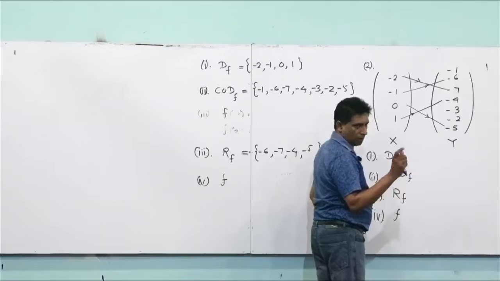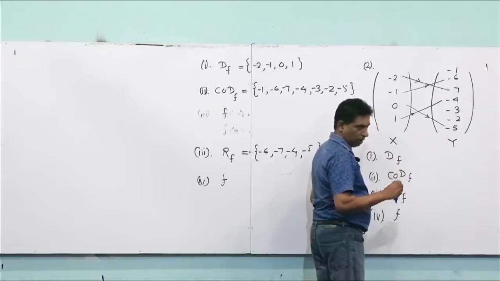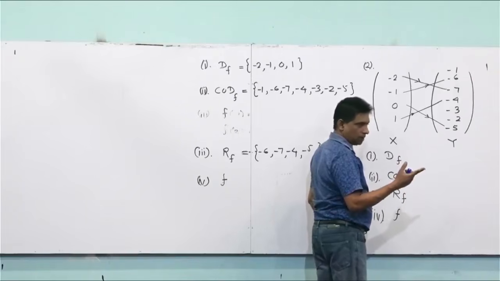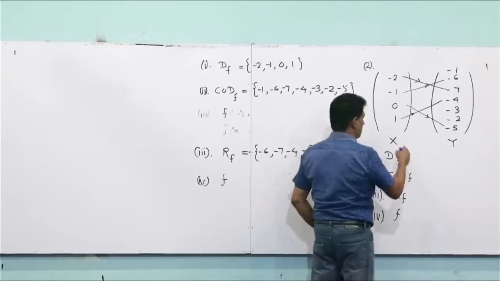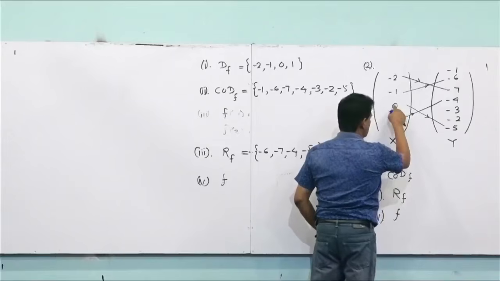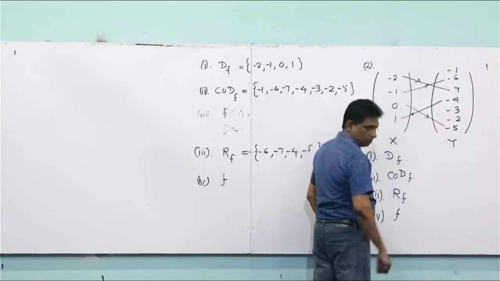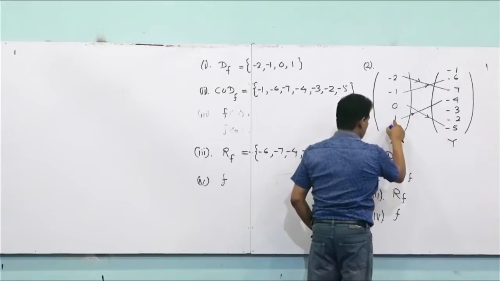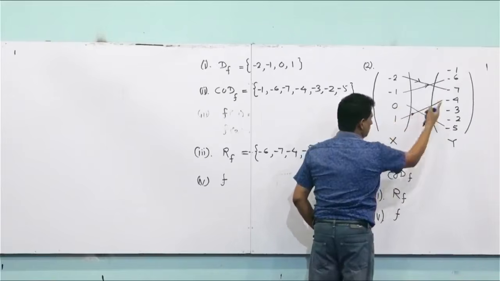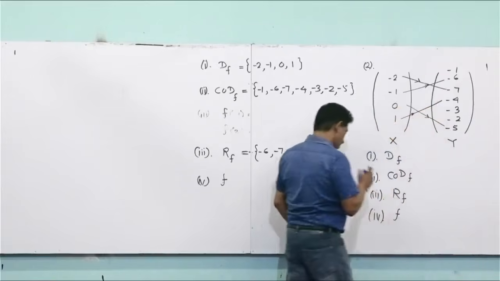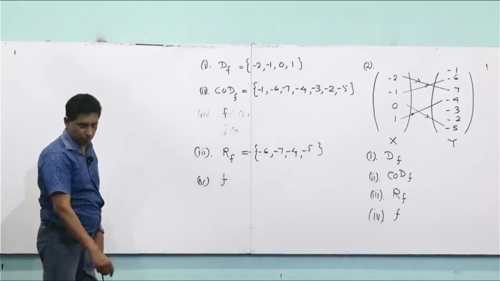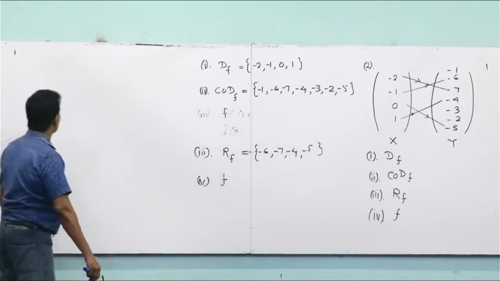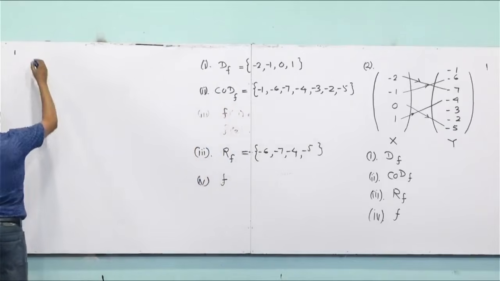We have to add minus 5. Add minus 5 is also correct. Otherwise, subtracting 5. Right? If we subtract 5 from 0, minus 5. No? If we subtract 5 from 1, then minus 4. Subtracting 5, adding minus 5, both are correct. Then the third one.